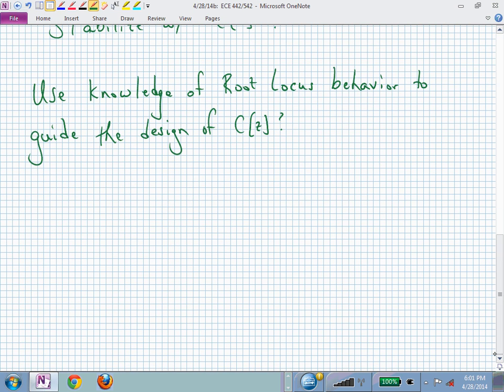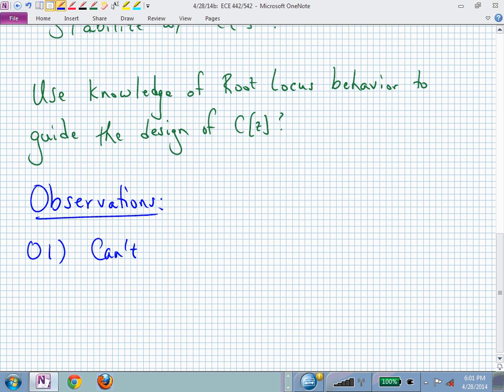I'm suggesting that you already know quite a bit that you can write down as observations. Observation 1, O1, with the O for observation. Observation 1, we know that with our controller capital C of Z, we can't cancel unstable poles and zeros, or poles and zeros outside the unit circle.